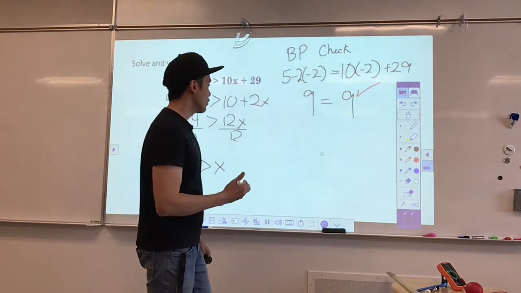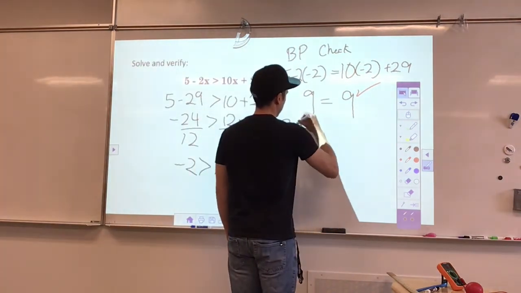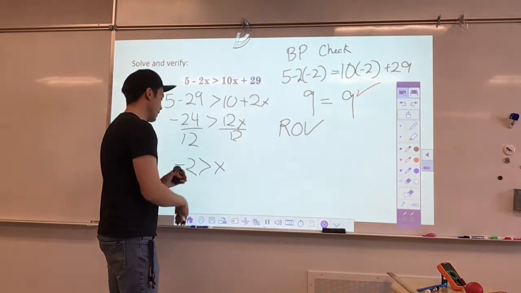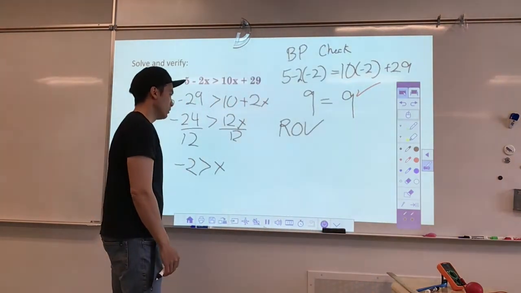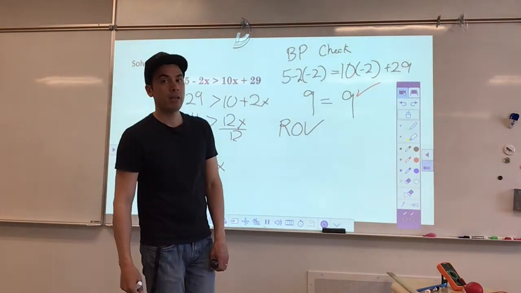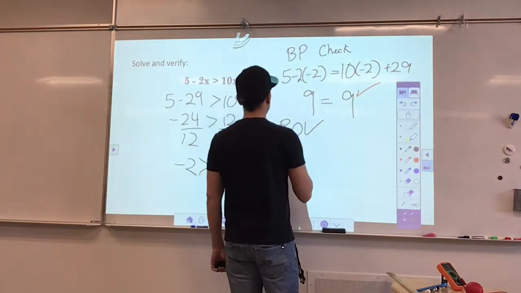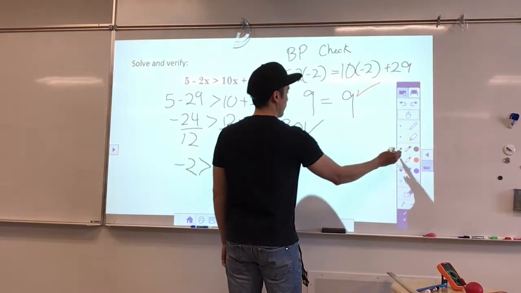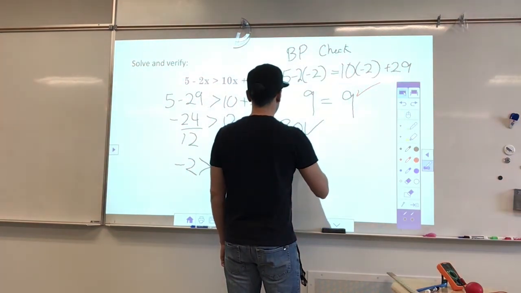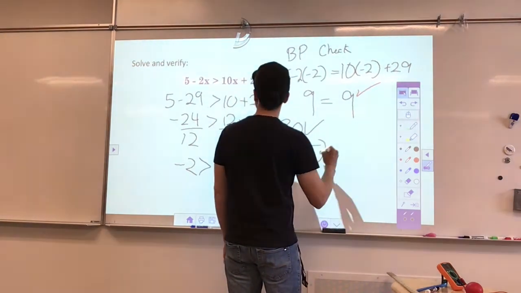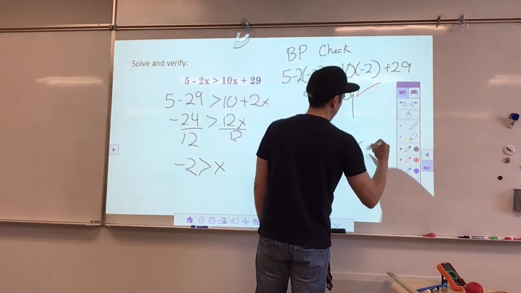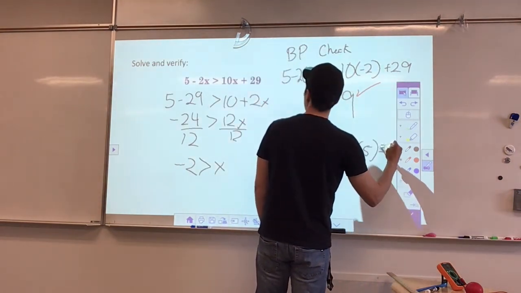For the range of values, I'm just going to pick any value of x that is less than -2. I'm going to use -5. Again, there's many numbers we could choose from. So I'm going to go 5 minus 2 times -5. Hopefully that's going to be greater than 10 times -5 plus 29.